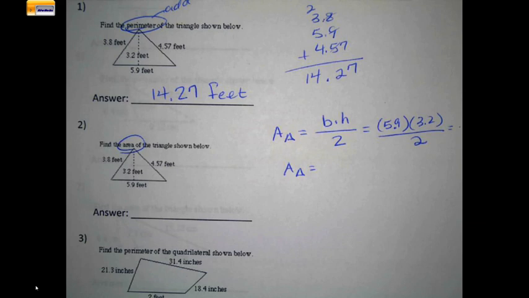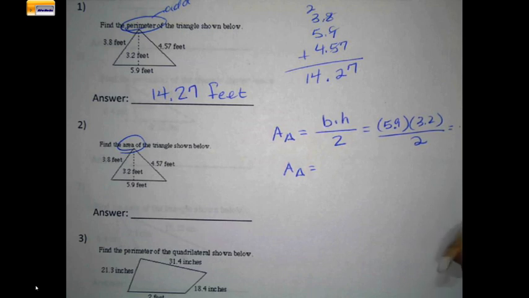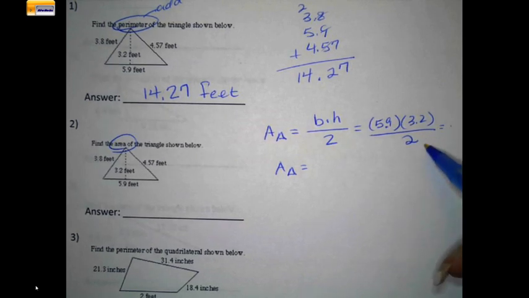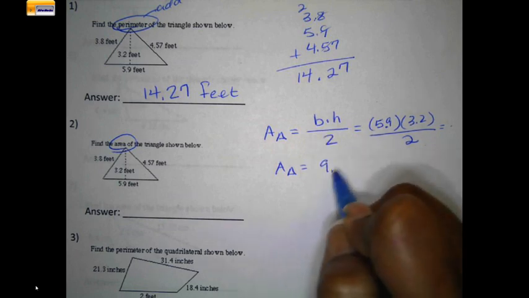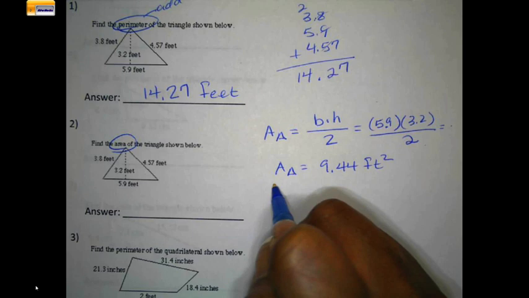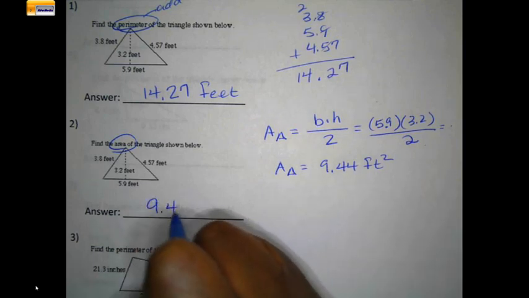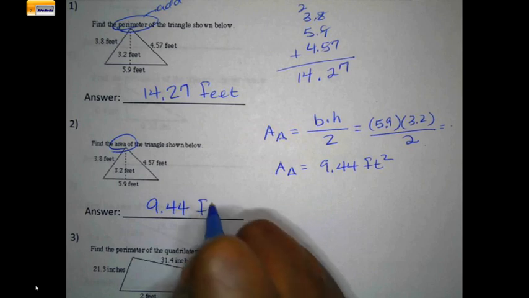You get 9.44 square feet. Did you guys multiply? I wrote divide by 2. Okay, you forgot? 9.44. Okay. 9.44. You guys scare me. Okay. That's not a quick trick question. You just need to know your formulas.